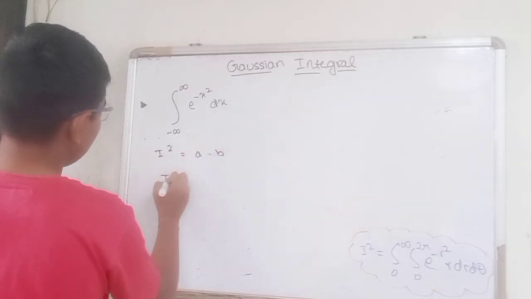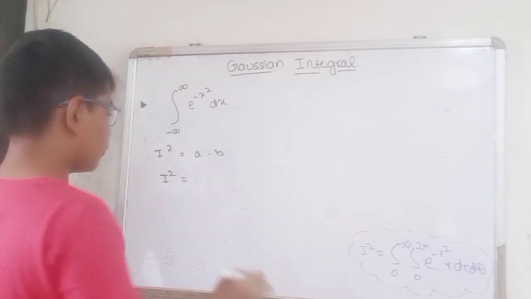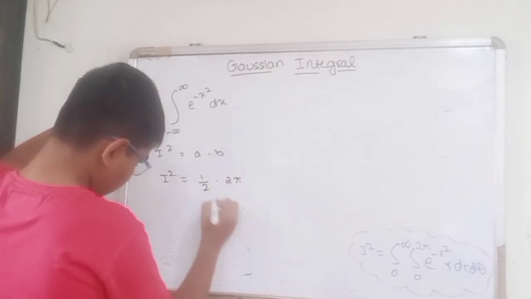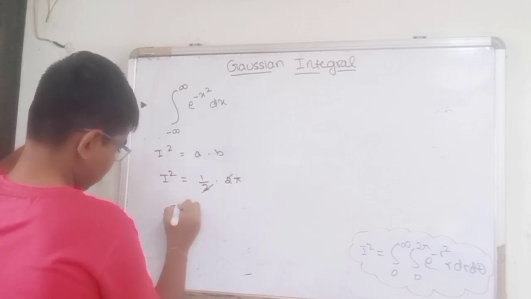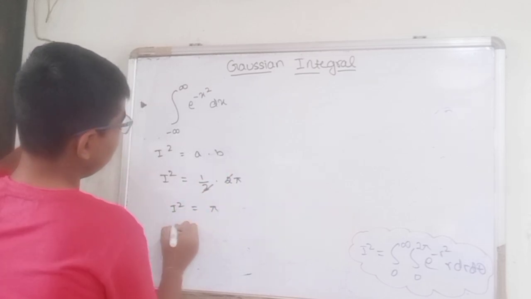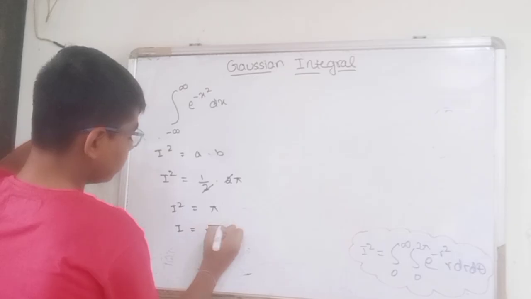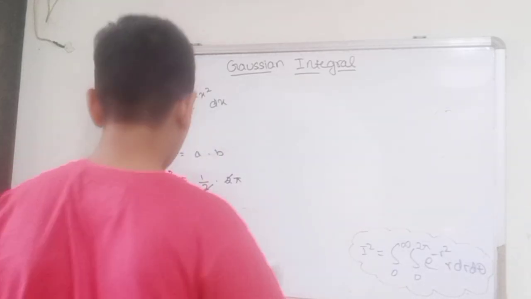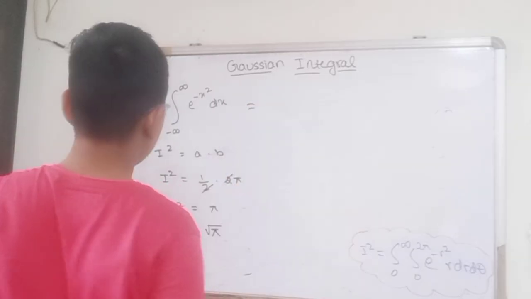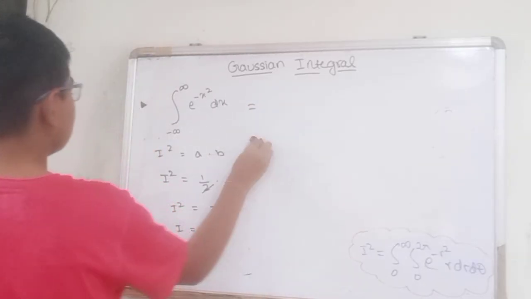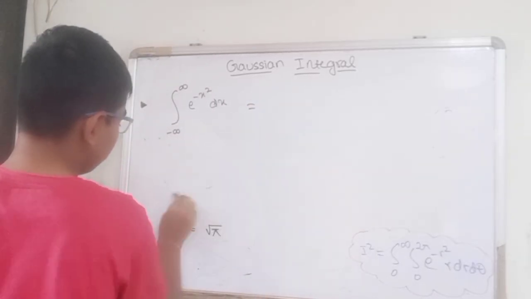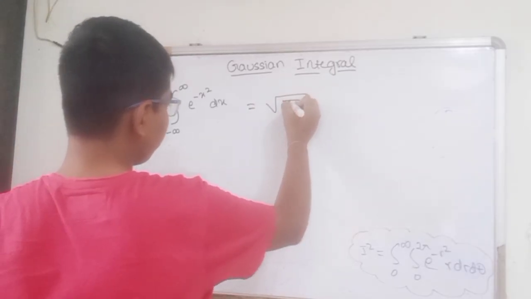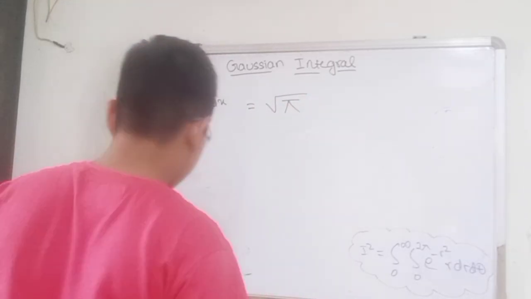We got a was half, b we got was 2 pi. We cancel this out. And there you go, my friend. This is the integration of the Gaussian integral. Therefore, this integral from minus infinity to plus infinity is the square root of pi. I hope you understood this part. This is the easiest part.